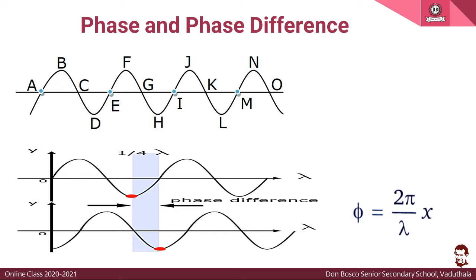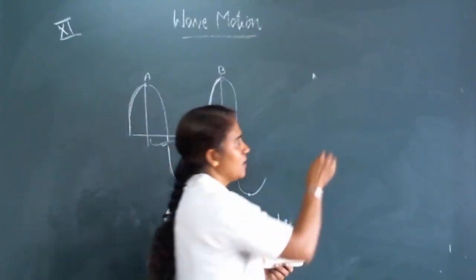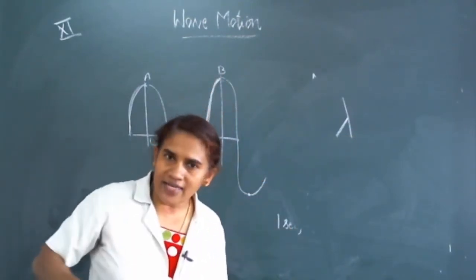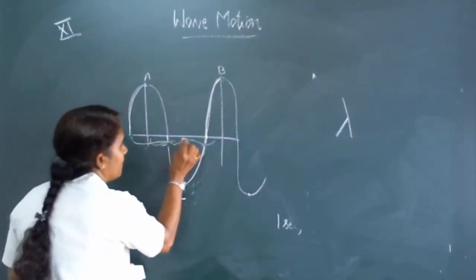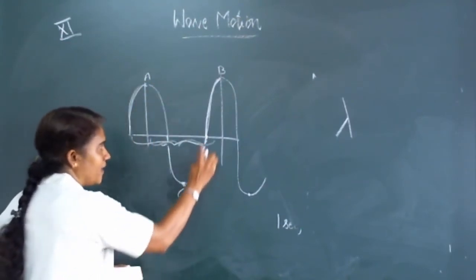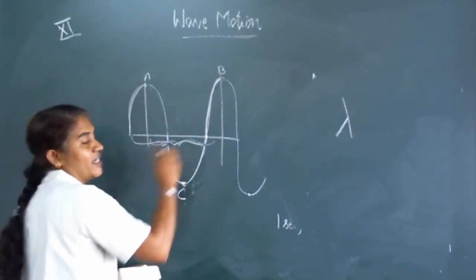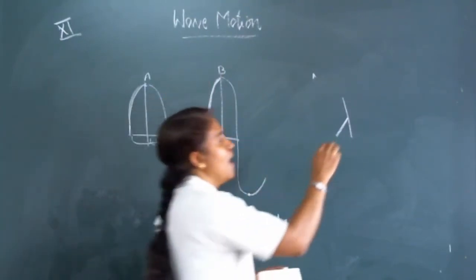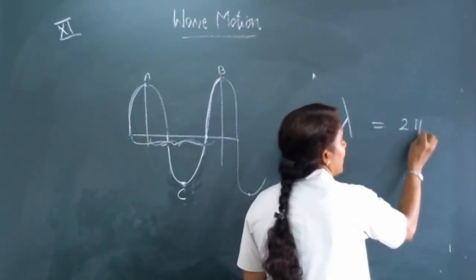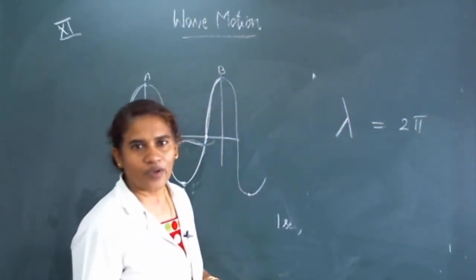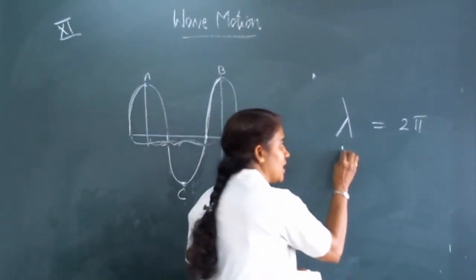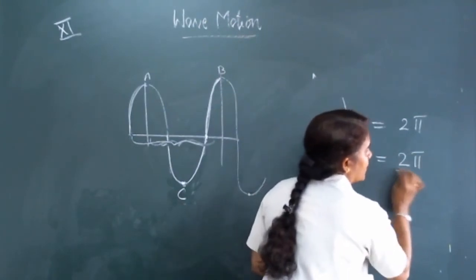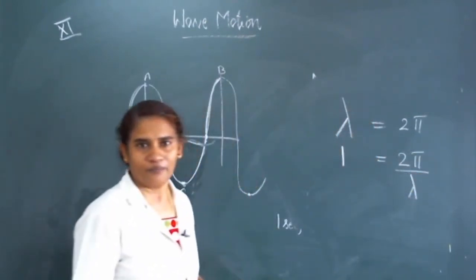I will make that clear. Look here: when the wave has travelled a distance equal to its wavelength lambda, how much is the angular movement? 180 degrees plus 180 degrees, 360 degrees. So when the path difference is lambda, the phase difference is 2 pi. If the path difference is only 1 centimeter, unit length, it can be written as 2 pi by lambda.